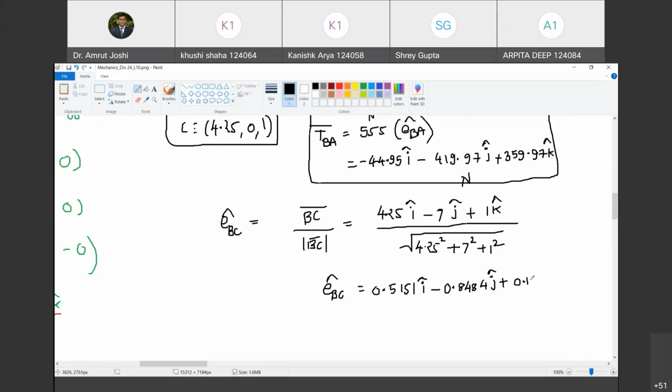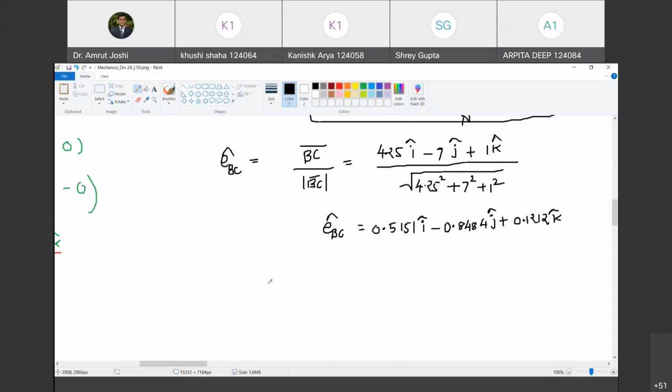Is that right? Yes, sir. K cap. Okay. So we have calculated the unit vector directed along direction BC. Please check the calculation too; I have a tendency to make calculation mistakes. So EBC cap is equal to 0.5151 I cap minus 0.8484 J cap plus 0.1212 K cap.